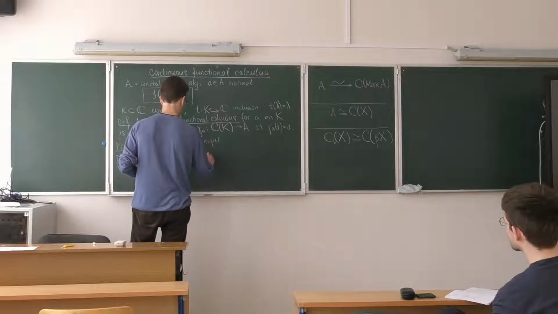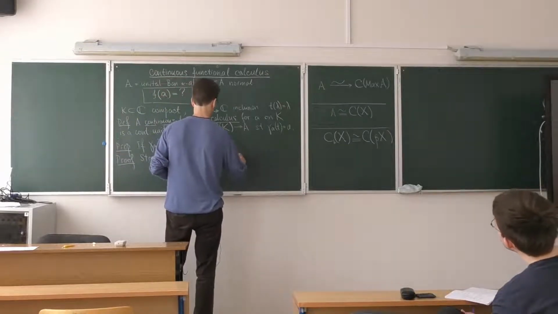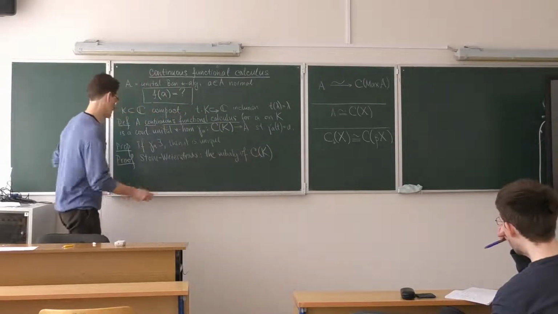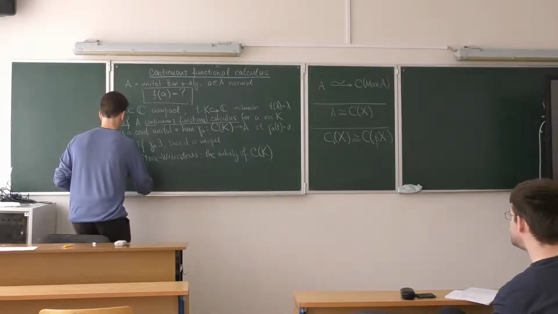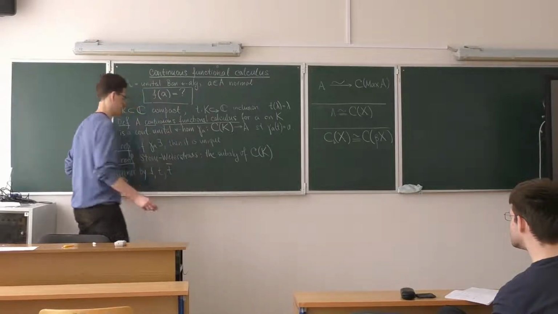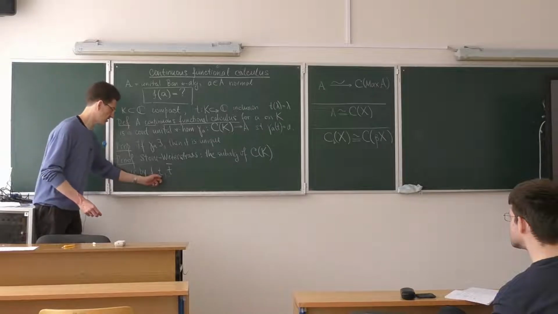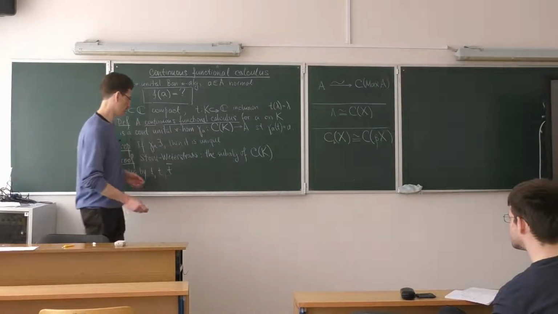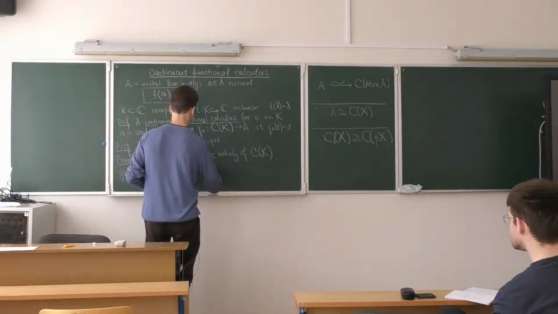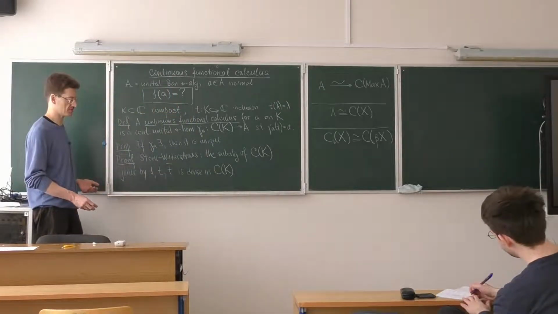Because if we look at the subalgebra of C of K generated by the identity function t and t bar, the complex conjugate of t. So this is the algebra actually of polynomials in t and t bar. Then this subalgebra is dense in C of K, just because it is a unital star subalgebra which separates the points.